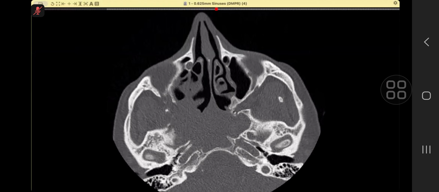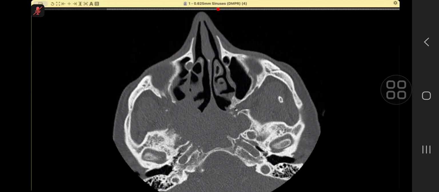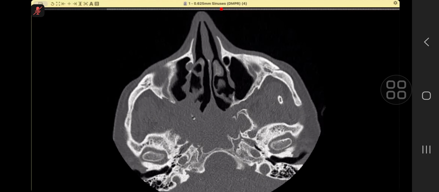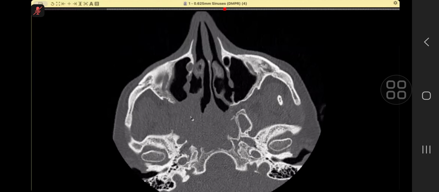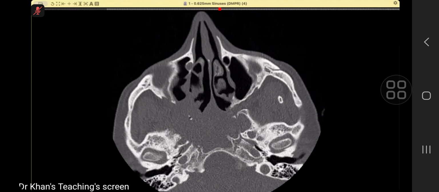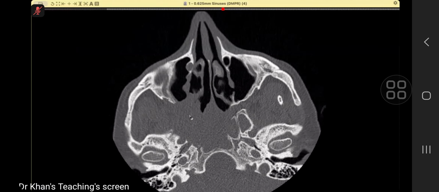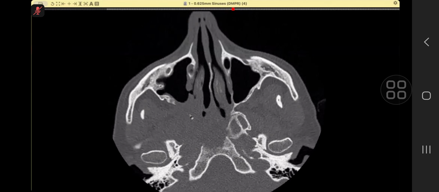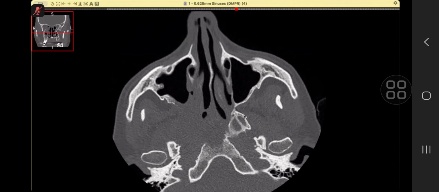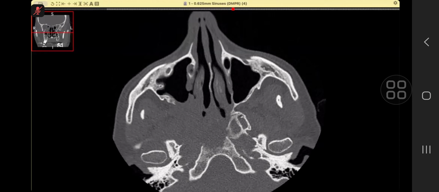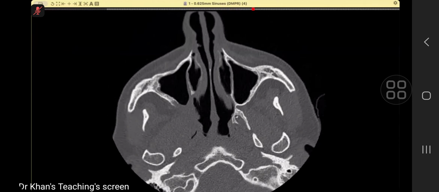Now, this is the pterygopalatine fossa on this side. And on the other side, you can see it is completely eroded or involved by the lesion. Now, as we go inferiorly, on this side, we can see that these are the pterygoid plates.